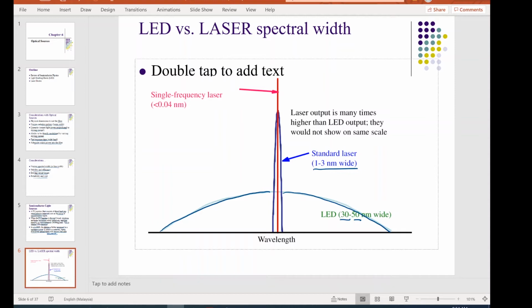And for a single frequency laser, we have a much smaller spectral width, which is less than 0.04 nanometer. As you can compare as well, the intensity of this and this is much higher compared to the LED intensity here.